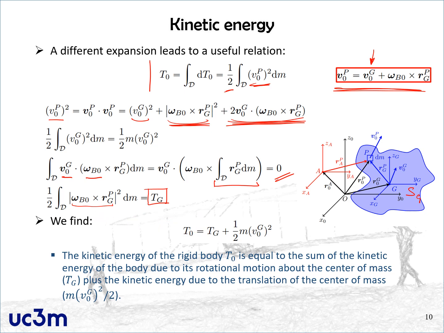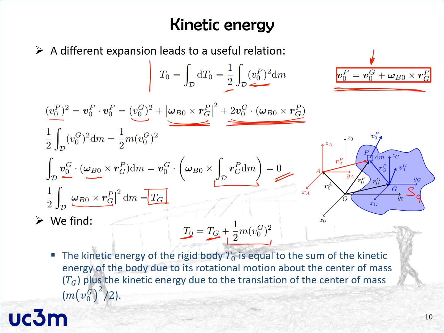What we have is that we can relate the kinetic energy in reference frame 0 to the kinetic energy in reference frame G, the parallel reference frame that has the origin in G instead of on O, all right, and the difference between them is this additional term.